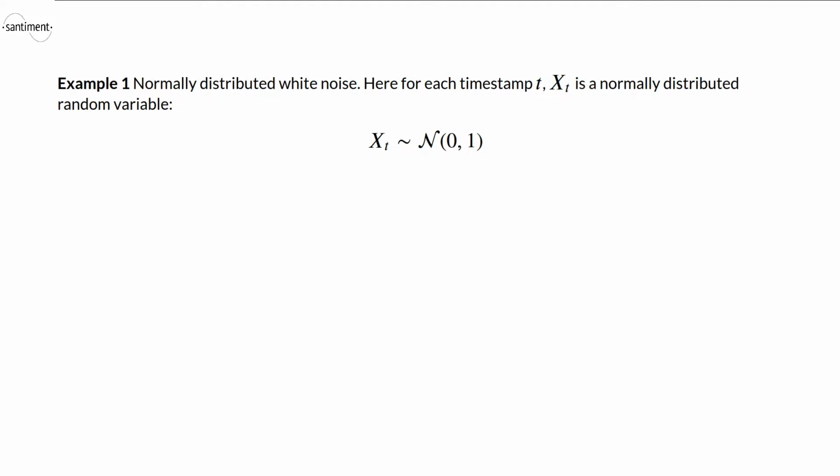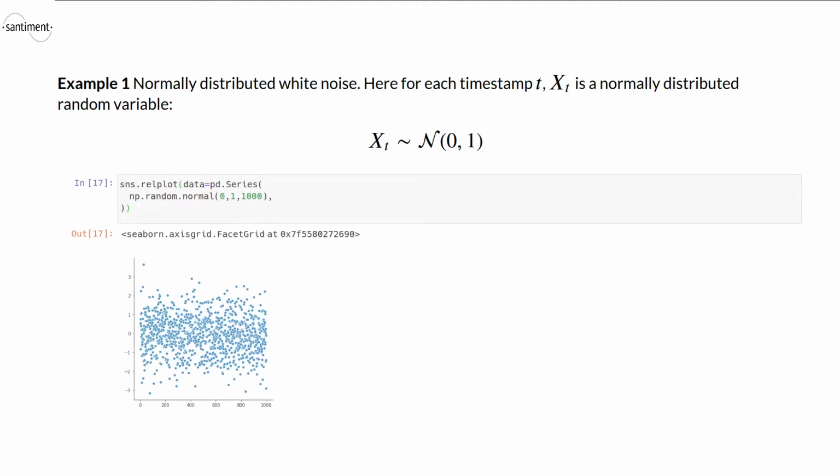Okay, one very simple example is called white noise. For every timestamp t, the random variable is normally distributed with a mean, or average value, of 0 and a standard deviation of 1. So this is an example of a stochastic process.